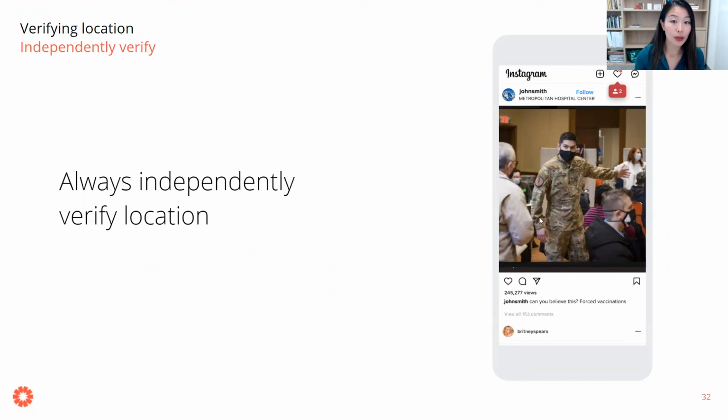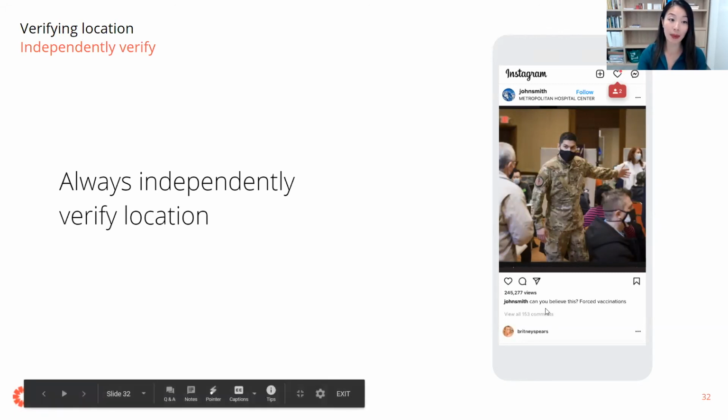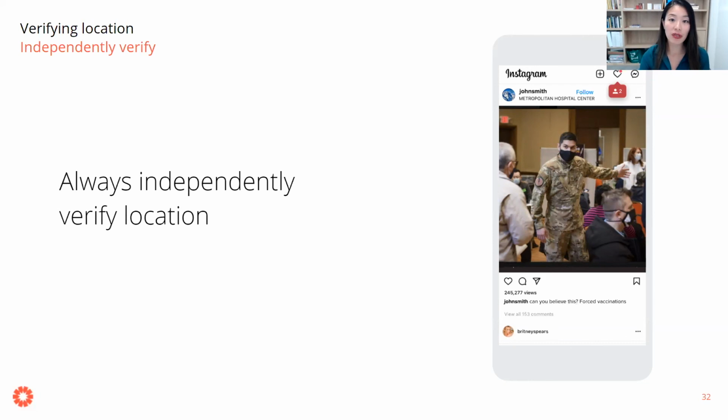This is the photo of a soldier with a mask on, and it's geotagged to the Metropolitan Hospital Center in New York City. So the Instagram user says in the caption, "Can you believe this? Forced vaccinations." So the first thing we should question is the location. You can pretty much tag anything anywhere on social, so a geotag really doesn't mean that much.